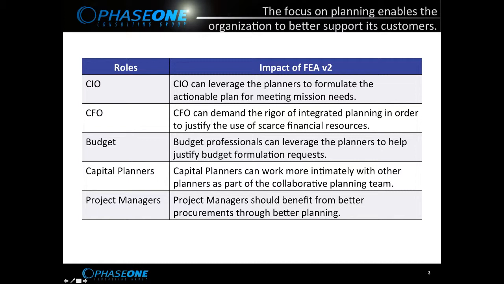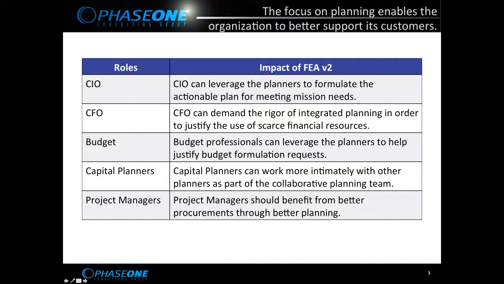I would expect that budget professionals are interacting directly with the planners, the people who are actually working through the collaborative planning methodology, to understand specifically why certain budget formulation requests are more important than others.